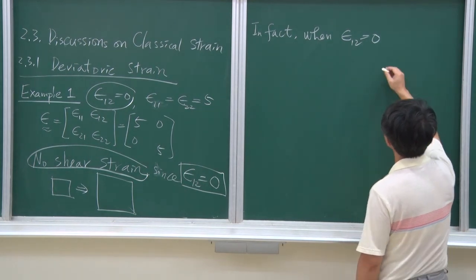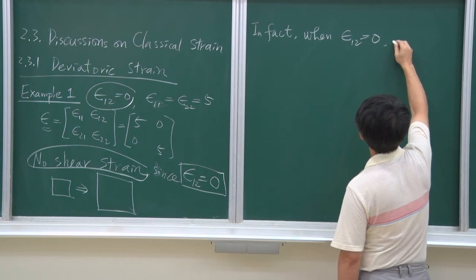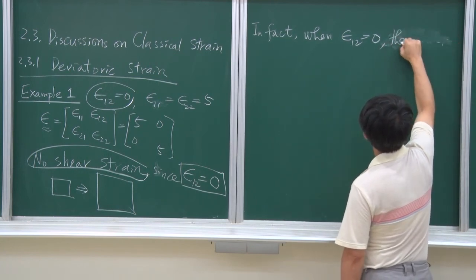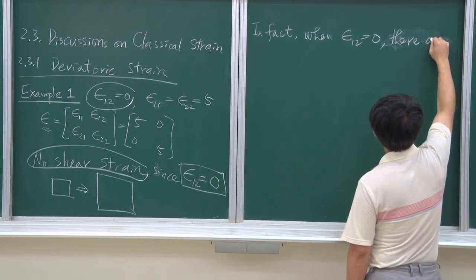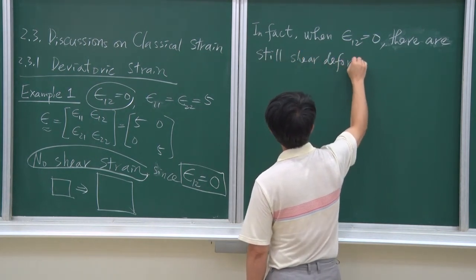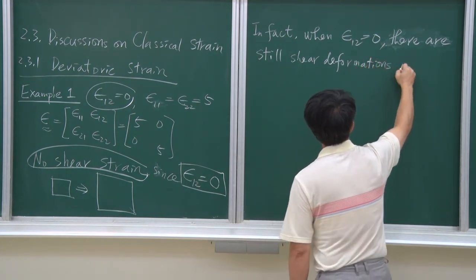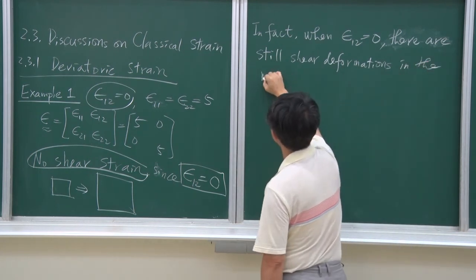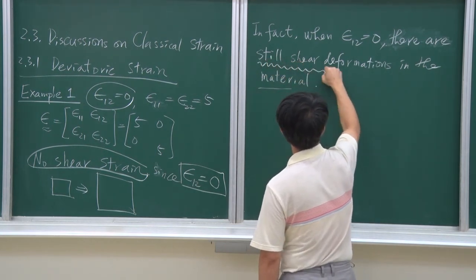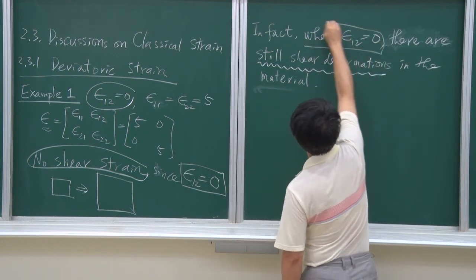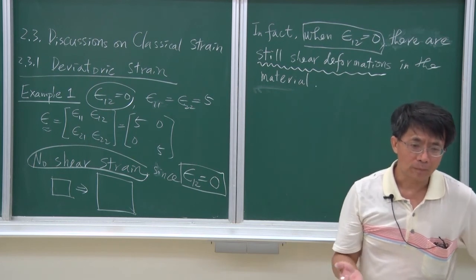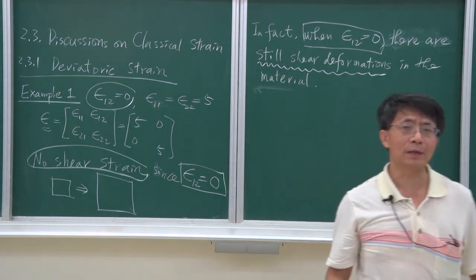When the shear component ε12 equals 0, because of the name of the term, you think that ε12 is a shear strain.